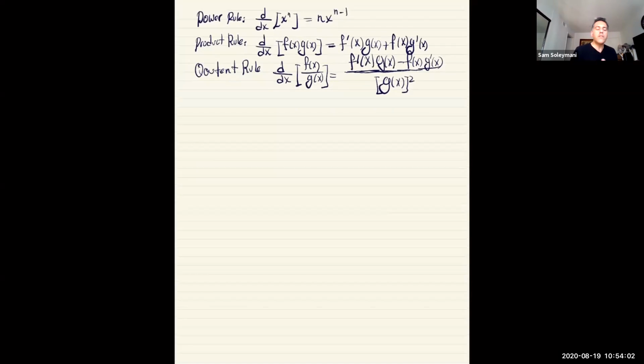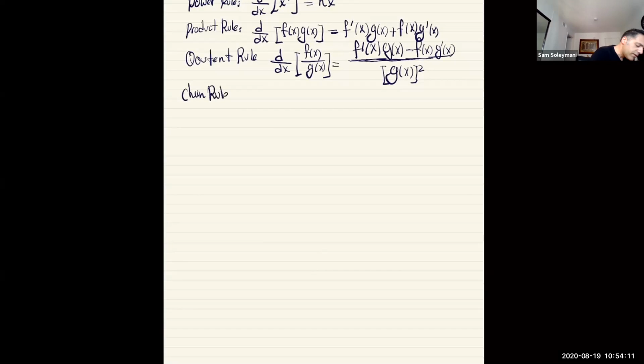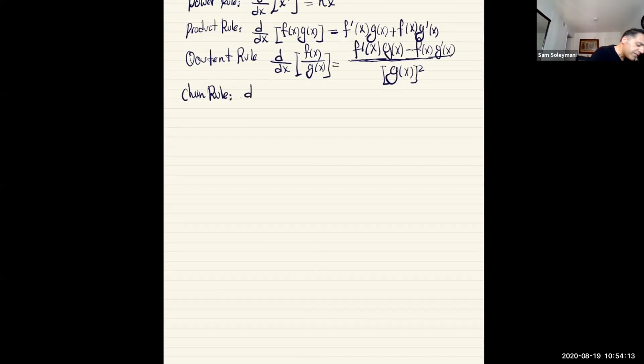And then we have, of course, the chain rule, which says that if you have the derivative of a composite function, you do the derivative of the outer part, f prime evaluated at g of x, and multiply by the derivative of the inner part, g of x.